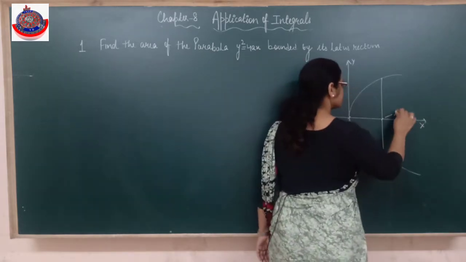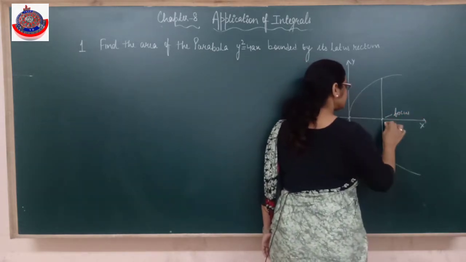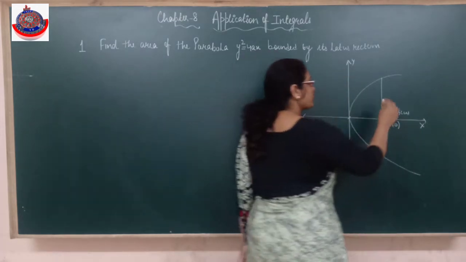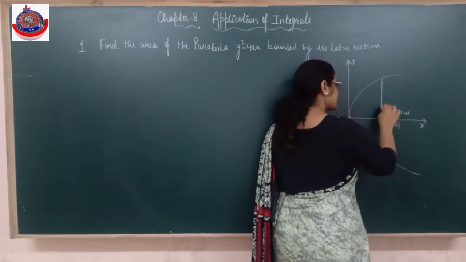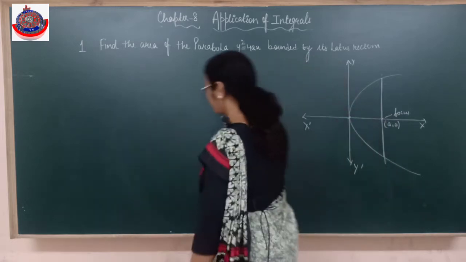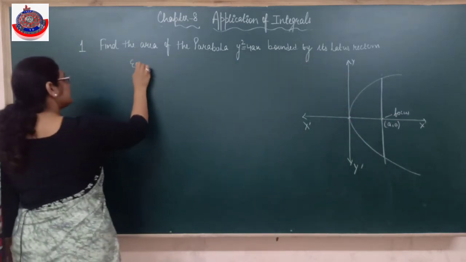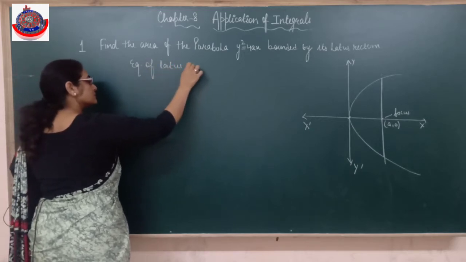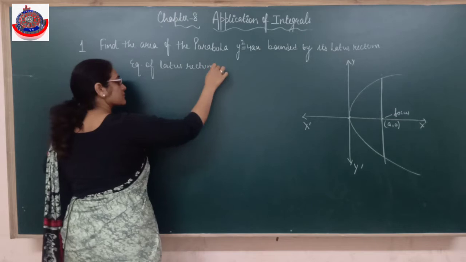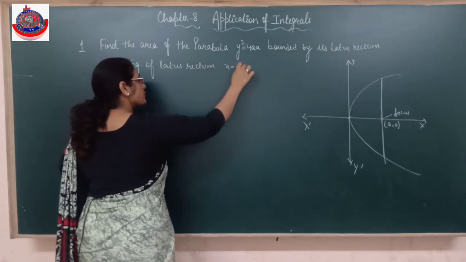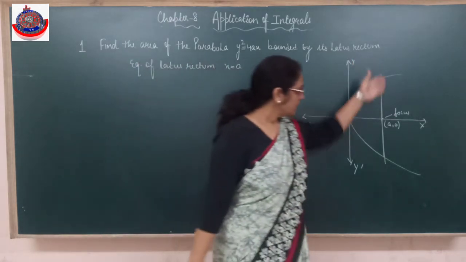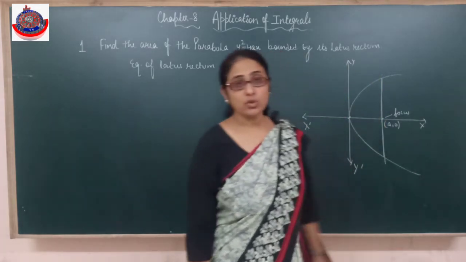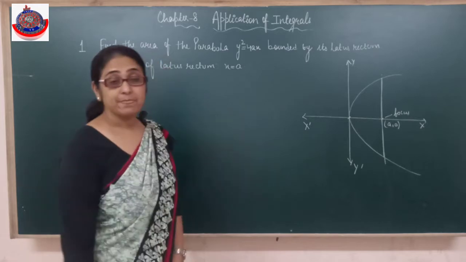What is the focus of the parabola? It is (a, 0). And what is the equation of the latus rectum? The equation of latus rectum is x is equals to a. Very clear? It's a line parallel to the y-axis and it's passing through the point (a, 0), so it's x is equals to a. Is it clear?